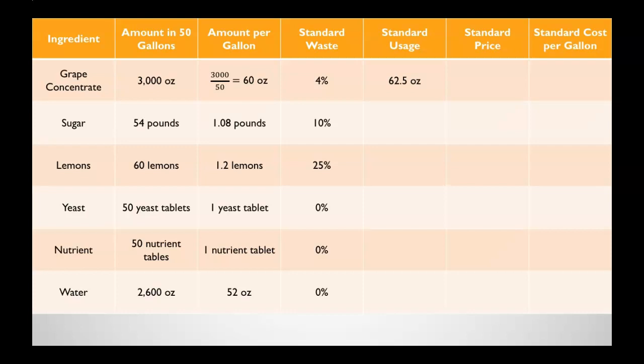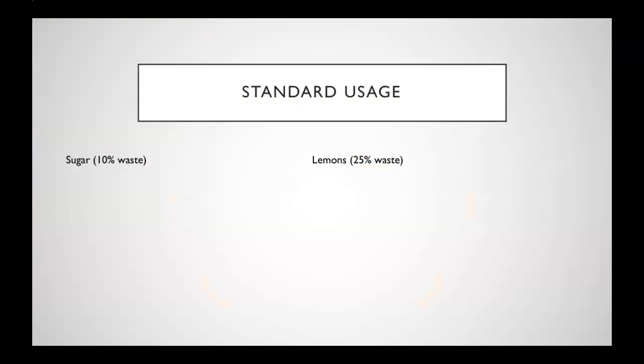So now we can find the standard usage for sugar and lemons. We'll first work on the sugar. 10% waste. So 1 minus 10% gets us 0.9. Right? So 0.9x equals 1.08. So we will need 1.2 pounds of sugar.